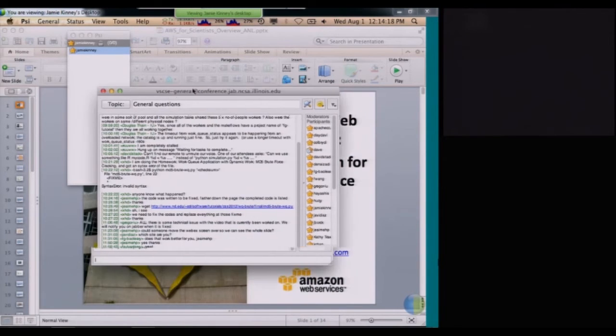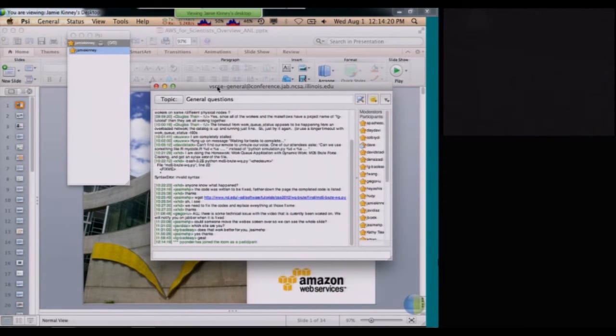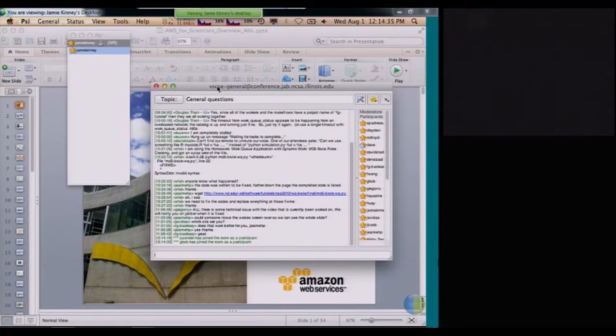And Jamie, you're monitoring that then? Yeah, take a look at it. Okay. Any questions from the H.323 sites?